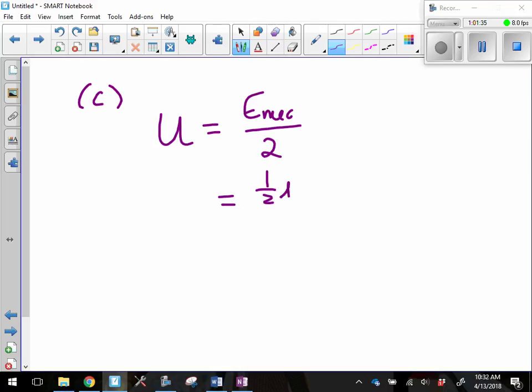And my Emec is still 1/2 k xm squared. I'm going to divide that by 2. And how do I find the potential energy? How do I always find potential energy for a mass on a spring? 1/2 kx squared.